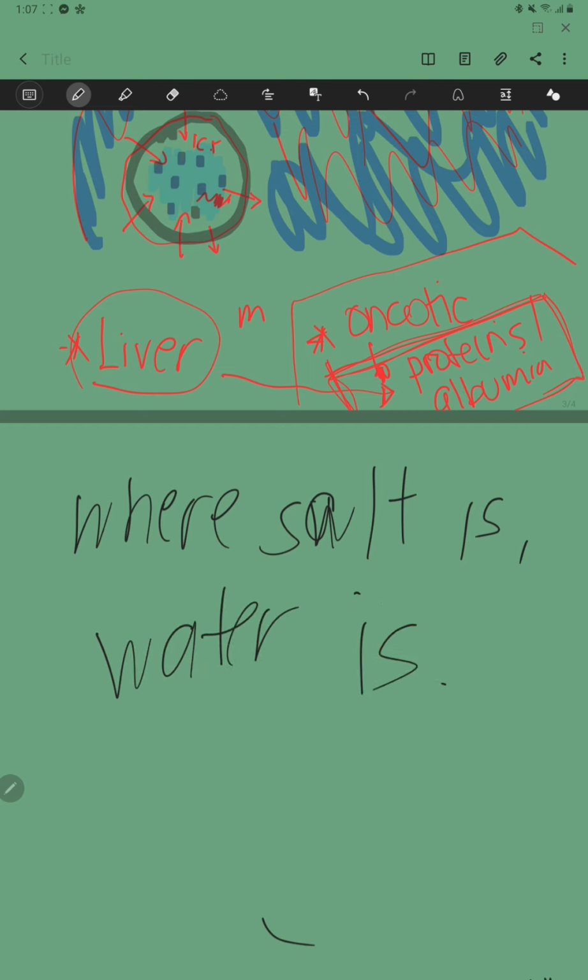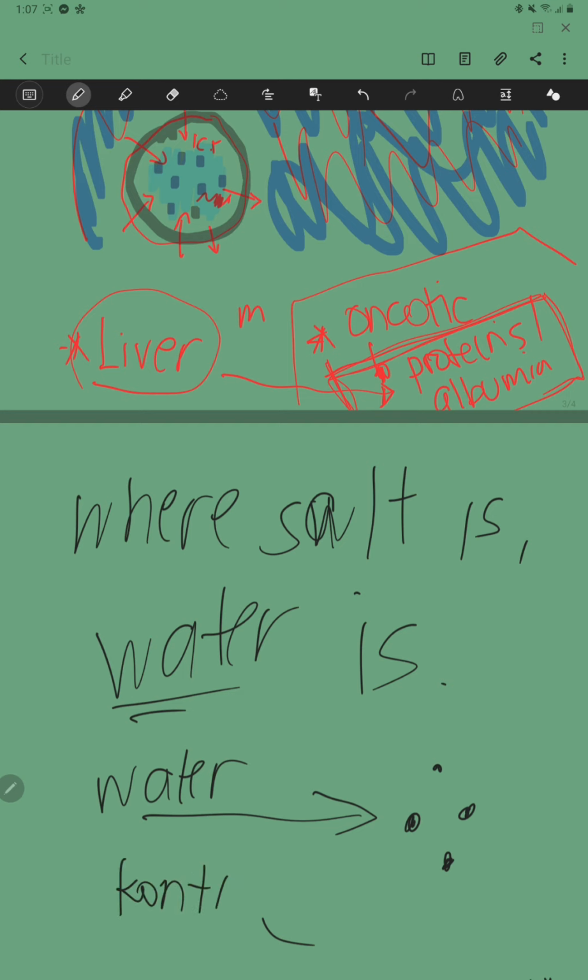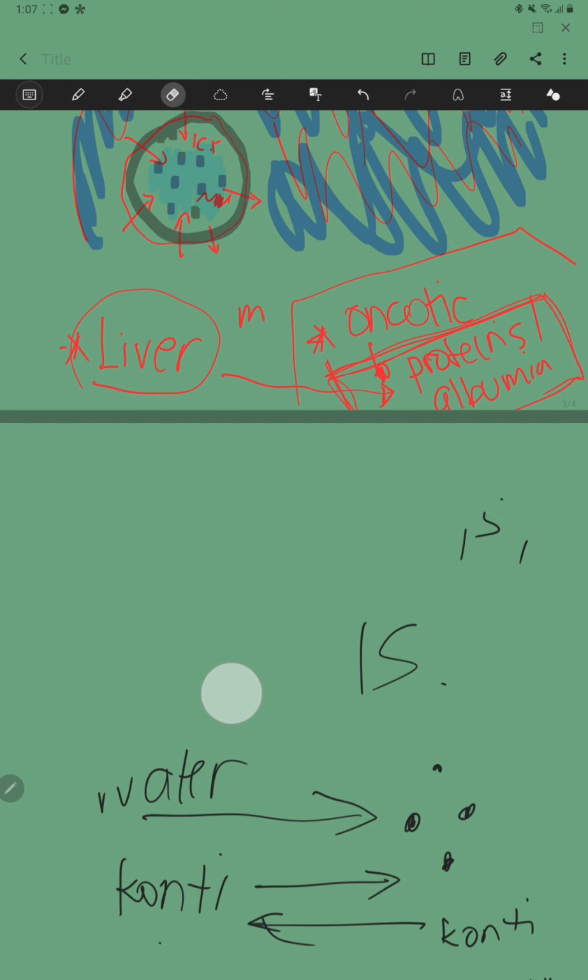Kung saan si salt, nandun din si water. So, the more solute particles or salt is, mas doon pumupunta ang tubig. Kung mas konti dito, of course, pag ganyan yung movement. Kung dito yung mas konti, dito yung mas madami, pag ganun yung movement ng fluid natin. So that is again a natural phenomenon known as your osmosis.